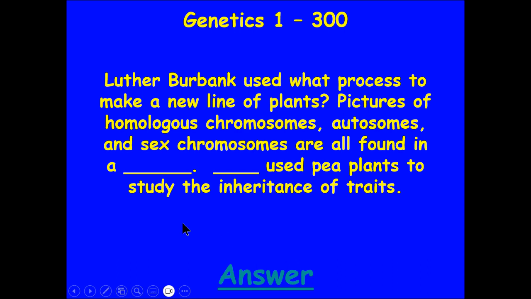Luther Burbank used what process to make a new line of plants? Pictures of homologous chromosomes, of autosomes, and of sex chromosomes are all found in a blank. And blank used pea plants to study the inheritance of traits.